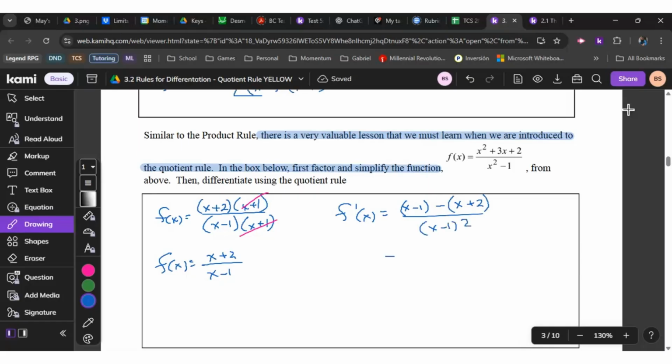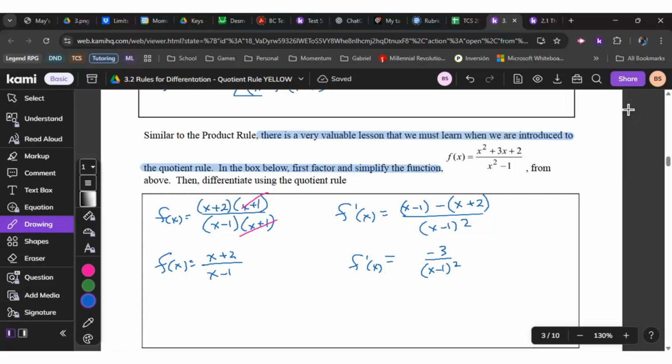What's x minus x? 0. What's negative 1 minus 2? Negative 3. Would you all agree that that was way easier? And we should probably simplify. This is the reason that we often simplify. If algebraically simplifying something doesn't really simplify it, then usually you don't have to bother. But if it makes things easier, you should do it.